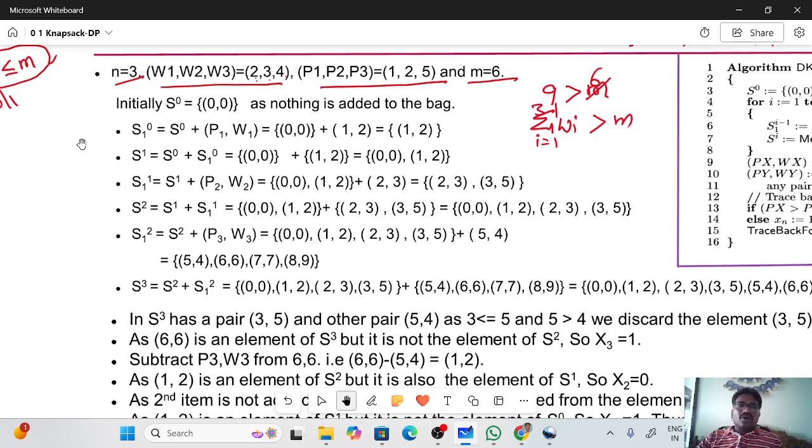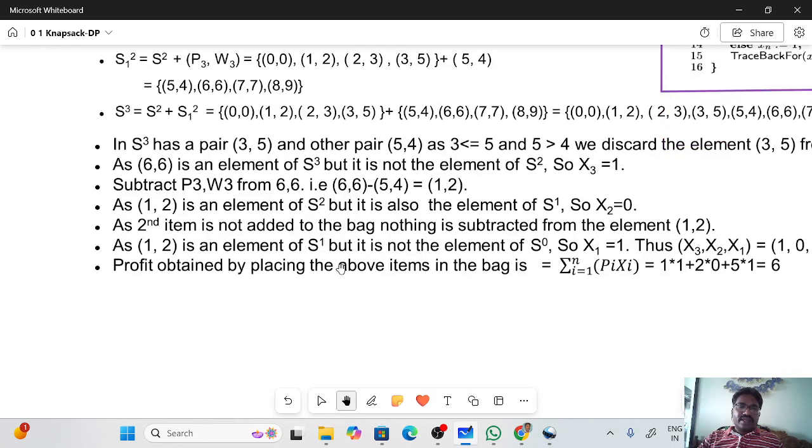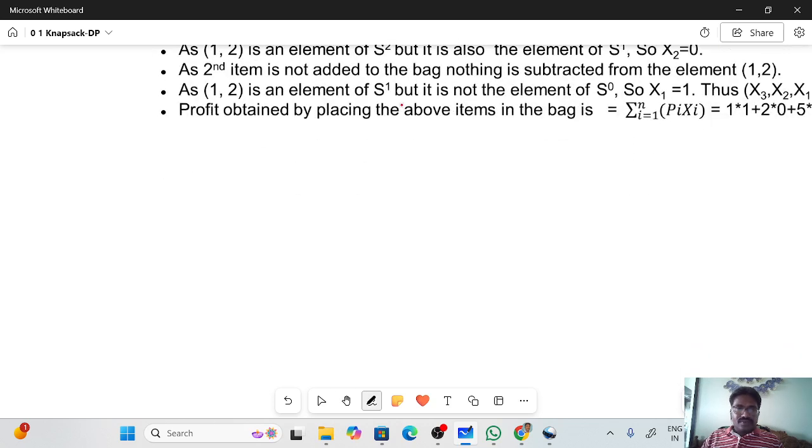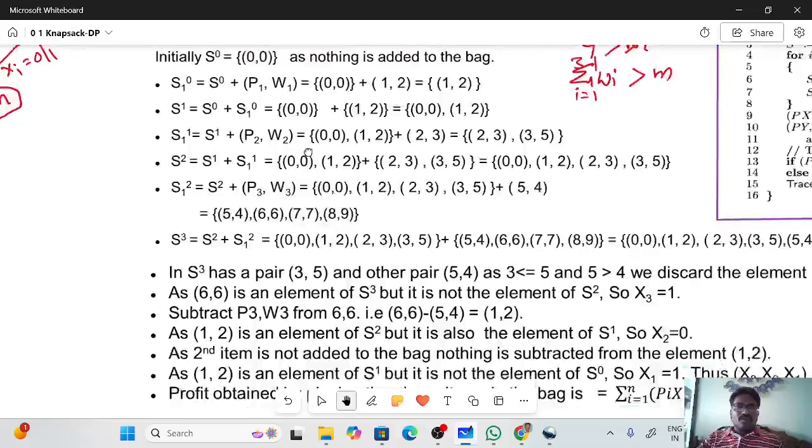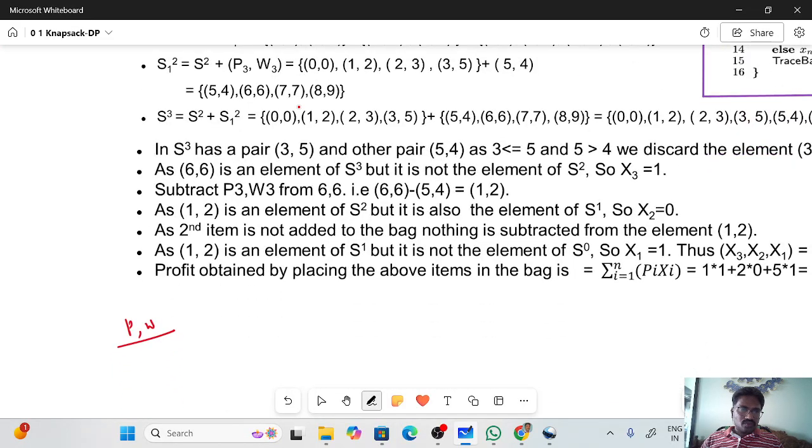So now I am going to write once again here the 3 items, profits and weights. What are the profits of the 3 items? 1, 2, 5.